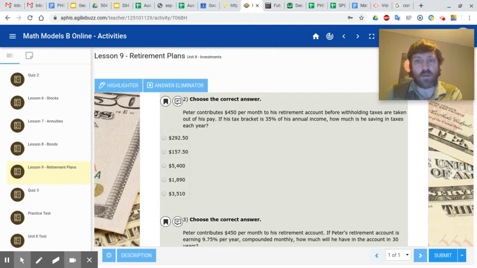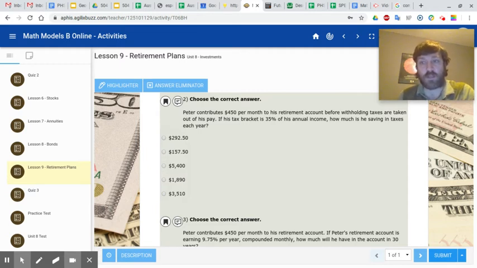So that means that money is put directly into that account, and he's not going to have to pay that 35% that he usually pays on all the money he makes. So if we take that money and find out what 35% of it is, that's how much money he's saving just from not having to pay the taxes.